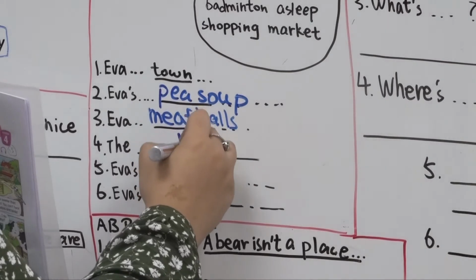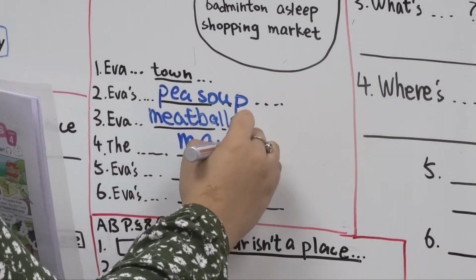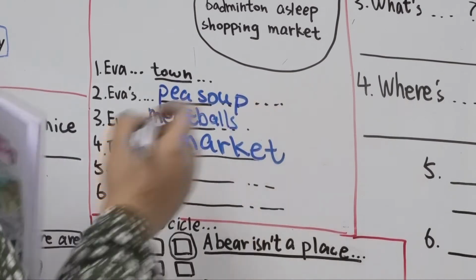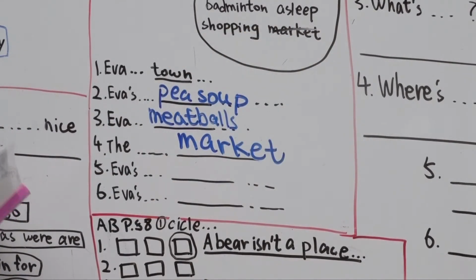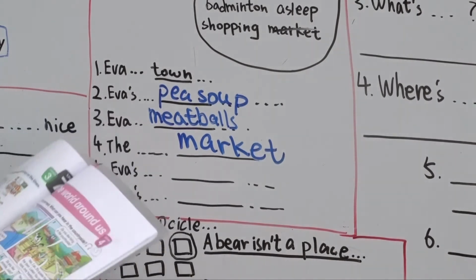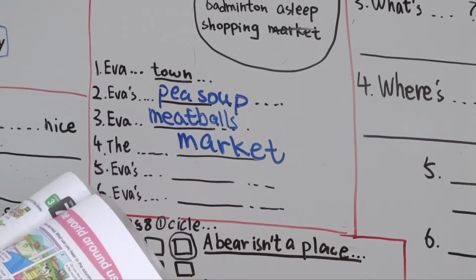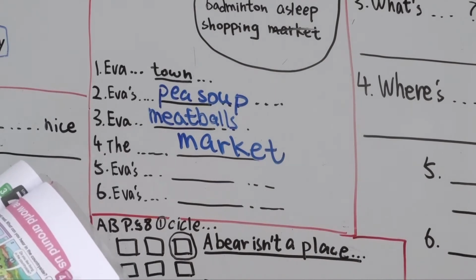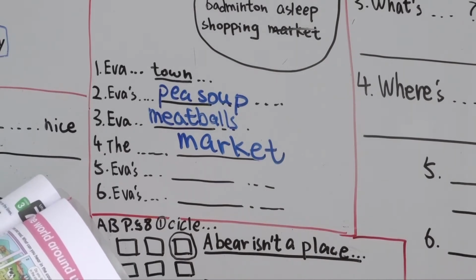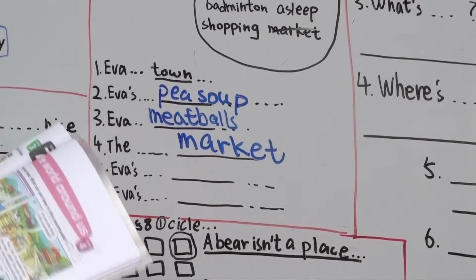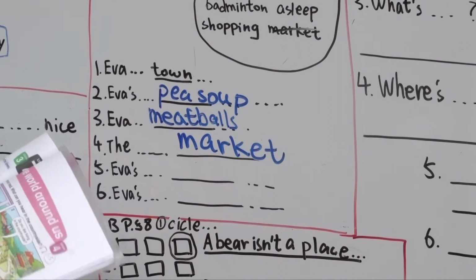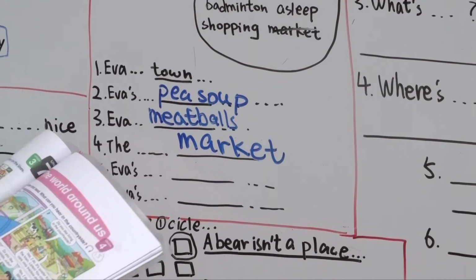Yes, market. That's true, right? It is mentioned in the paragraph as well. Paragraph 2, the last line. Mom bought a new swimsuit there too. So there refers to market. Then we went to the market to buy some kiwis. Mom bought a new swimsuit too. That's why it's market.